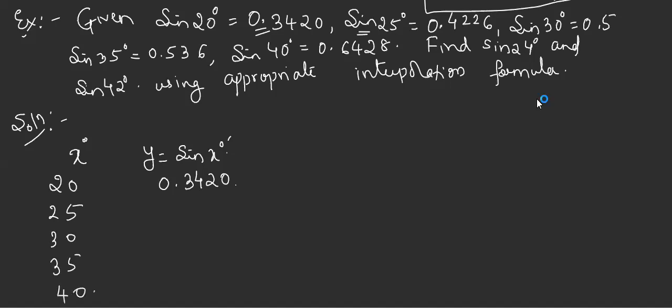Now the corresponding values they have given, take them as y values: 0.3420, 0.4226, 0.5, 0.5736. Please make it 0.5736, otherwise your answer will be a little wrong. Sorry, 5736. And sine 40 is 0.6428.